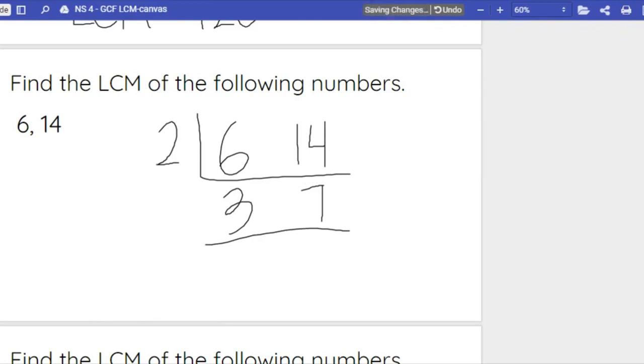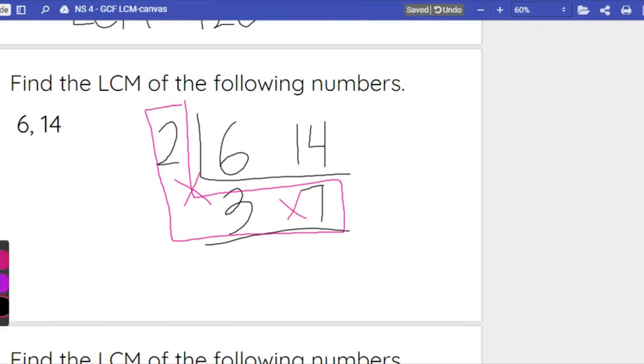No common factors other than 1. So I make my L. And I multiply. 2 times 3 is 6. 6 times 7, hopefully with our multiplication facts, 6 times 7 is 42. So my least common multiple is 42.